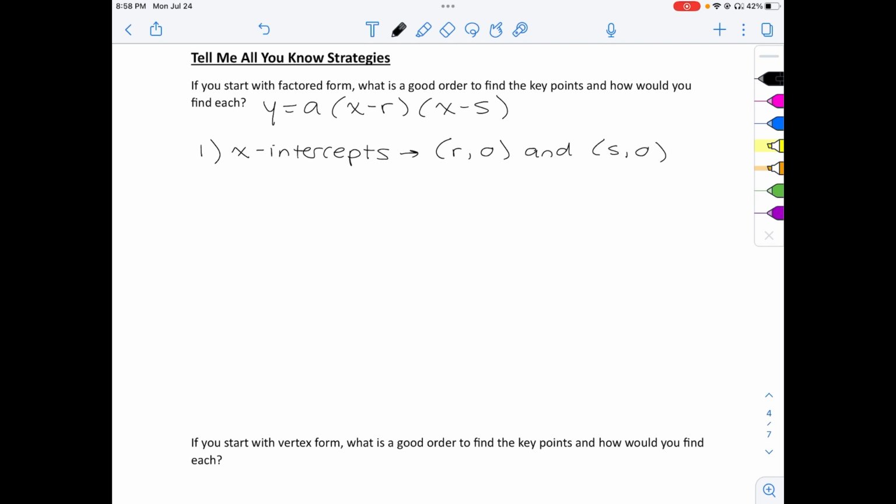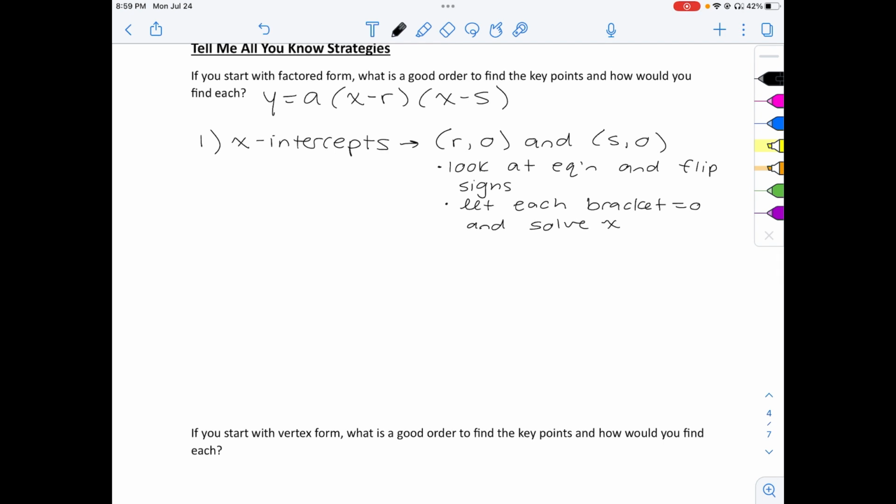You can either just look at the equation and flip the signs if they are nice, like x plus something, x minus something, or you let each bracket equal 0 and solve for x. That's more so when you've got a fractional x-intercept, but it works both ways. This isn't to say that you have to find that first, but it makes most sense to find the x-intercepts first when you are given the factored form.